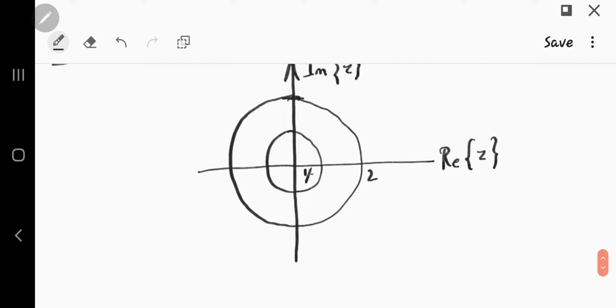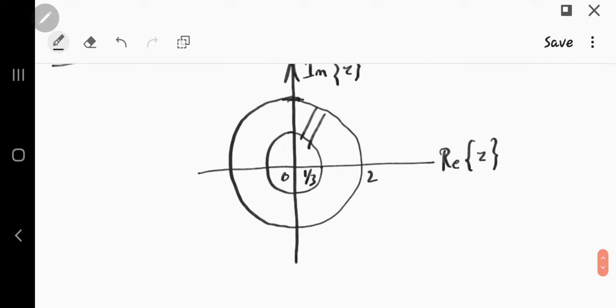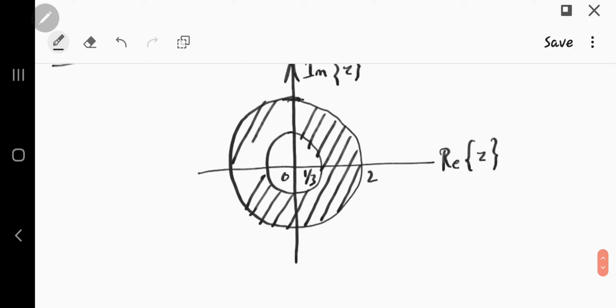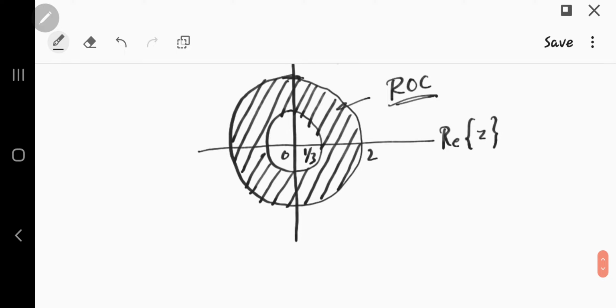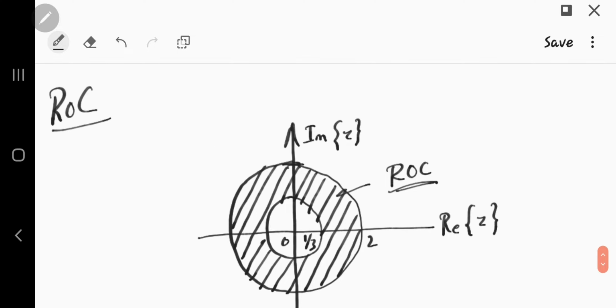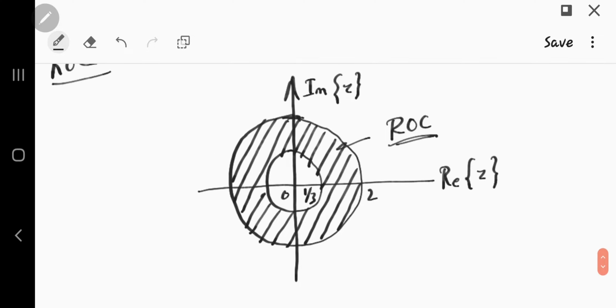Now the ROC lies between these two circles, that is inside the circle of radius 2 and outside the circle with radius 1 by 3. So just mention this ROC. Since no poles and zeros have been asked, we are not going to locate them. So this is how we plot the ROC for this one.